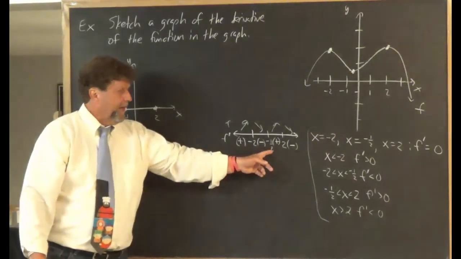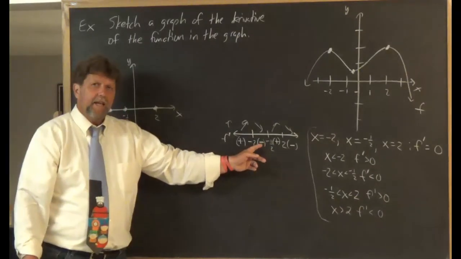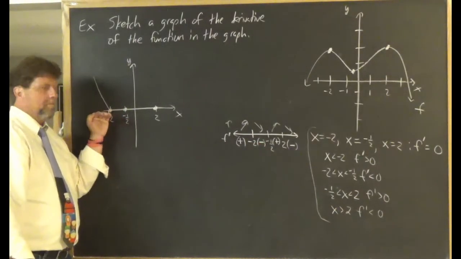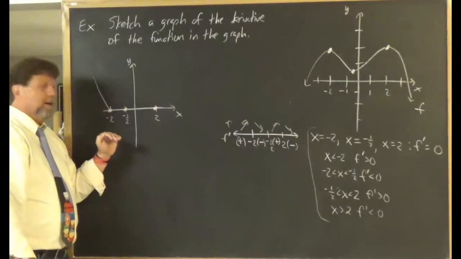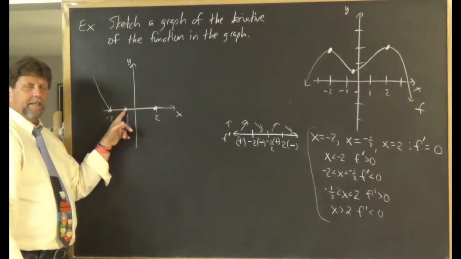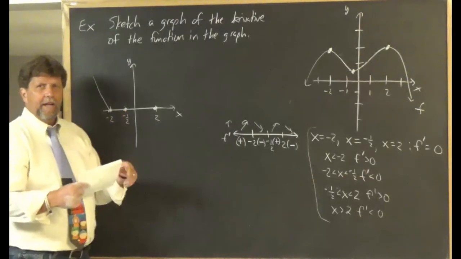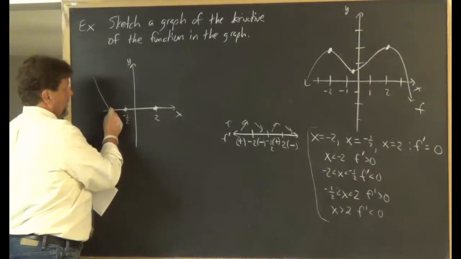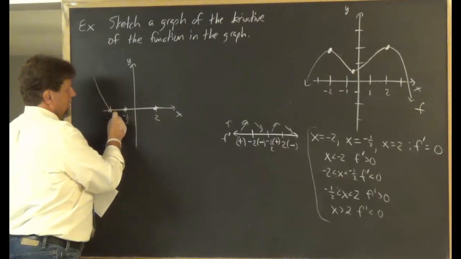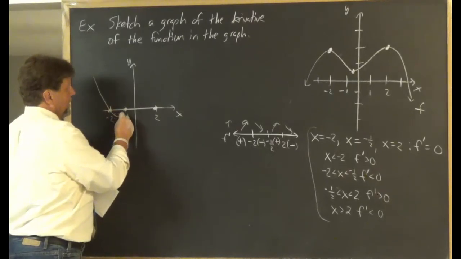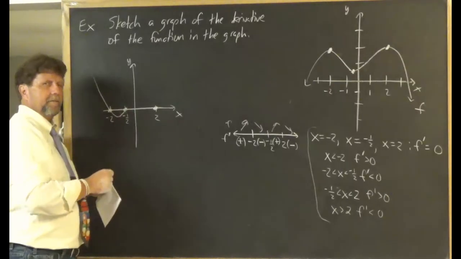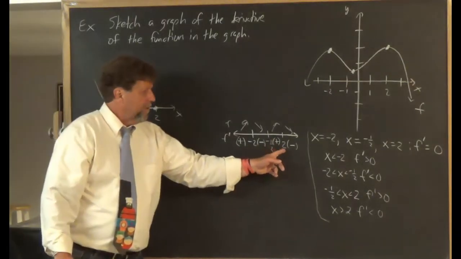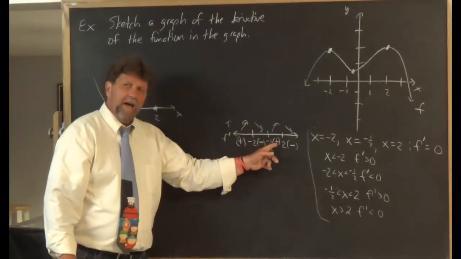From -2 to -1/2, the derivative is negative. So from -2 to -1/2, the graph is going to be below the x-axis. But keep in mind, I have to get back to the x-axis at an x value of -1/2. So that means I'm going to go below the x-axis, and at some point I have to turn around and come back and hit the x-axis. From -1/2 to 2, the derivative is positive.